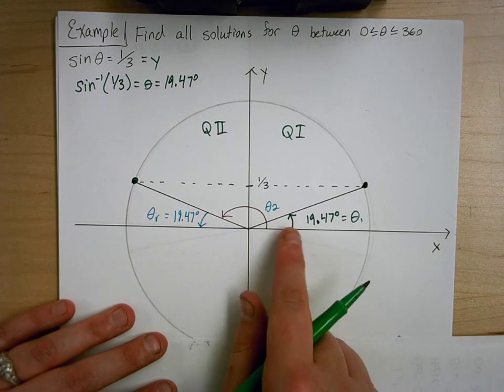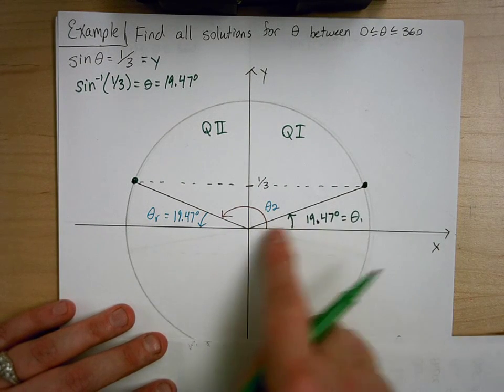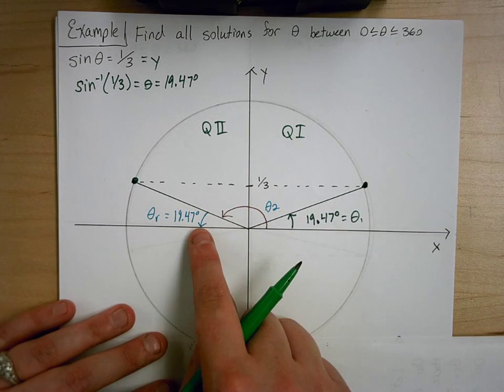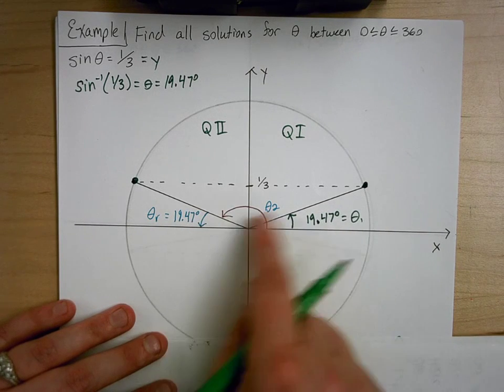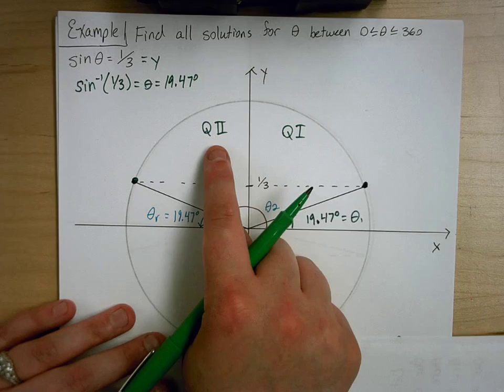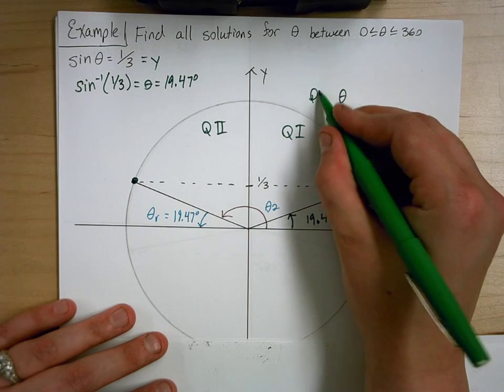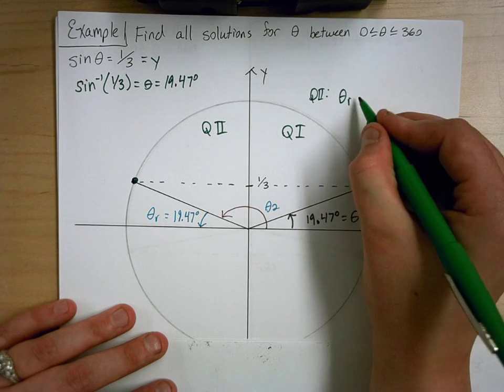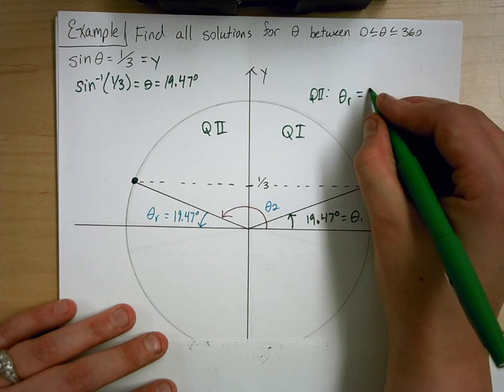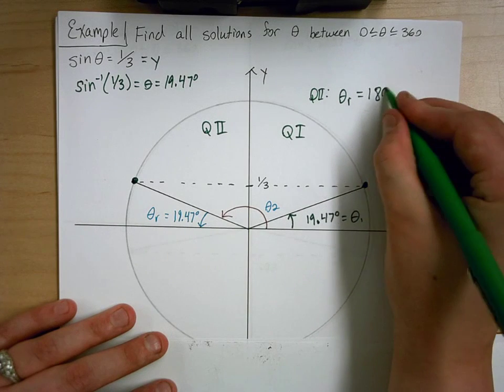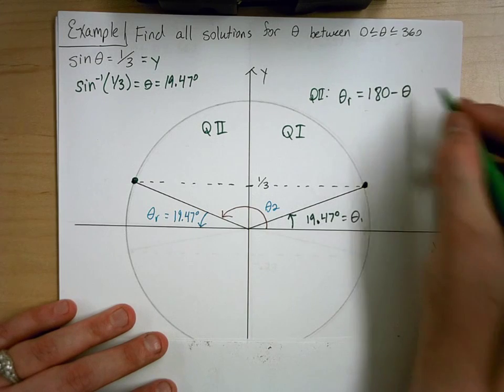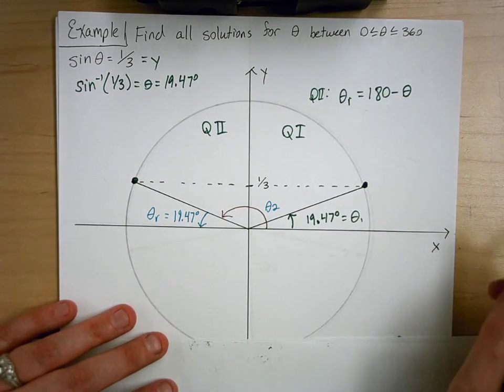Okay. So like I said before, because these 2 points are going to have the same reference angle, and we know that the other side is going to terminate in quadrant 2, we're going to use our quadrant 2 formula. So our quadrant 2 formula, which is that our reference angle equals 180 minus theta. Okay.